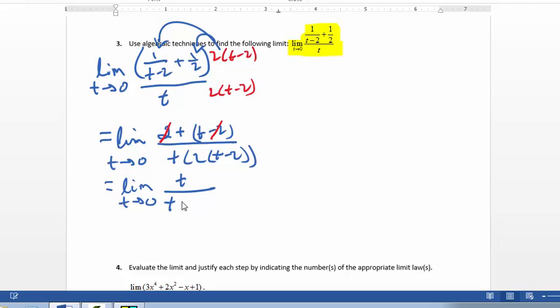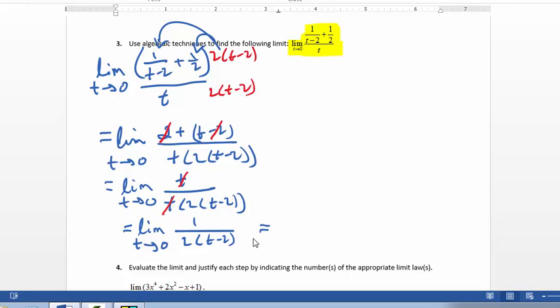But then nicely, I also have a t in the denominator that will now cancel out with it. So now I'm going to just have the limit as t approaches 0 of 1 over 2 times (t - 2). And now finally, at long last, I can do a direct substitution.